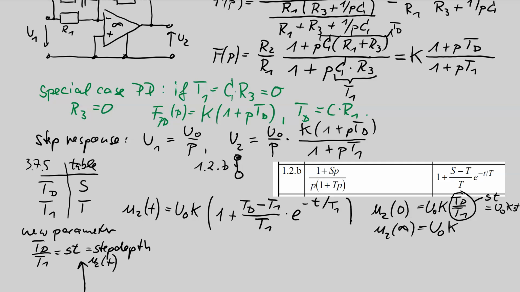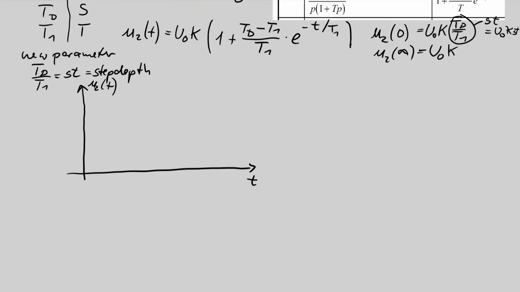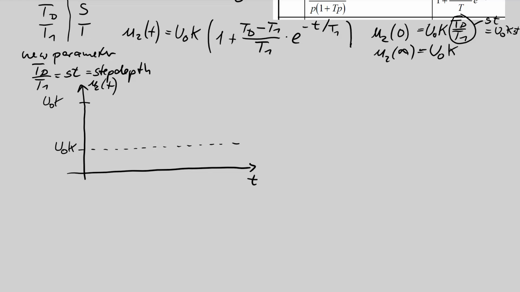So in this case, step depth is larger than 1, and that means the starting value is larger than the final value. So in our drawing, this should be the final value, U0 K, and the starting value is U0 K times step depth.